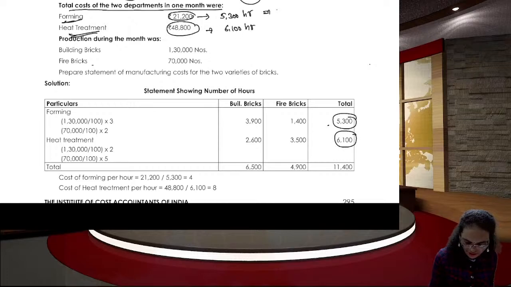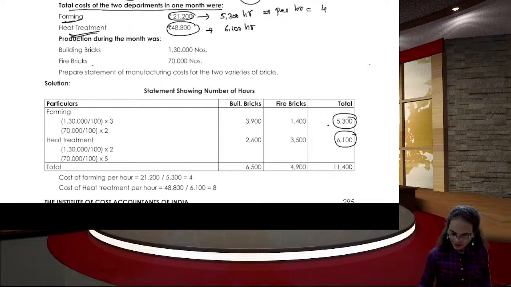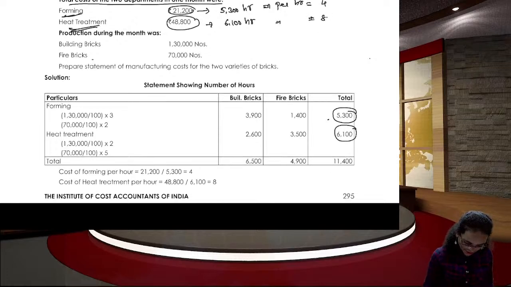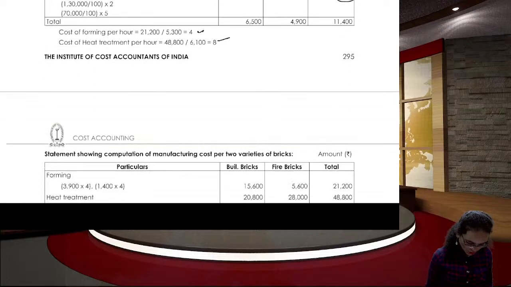In the sense, what is the per hour? 21,200 divided by 5,300, that is 4 rupees per hour. 48,800 divided by 6,100, that is 8 rupees per hour. 4 rupees and 8 rupees we got.